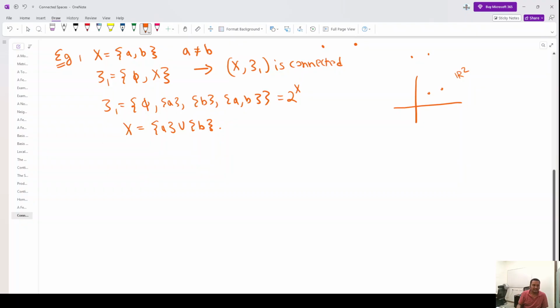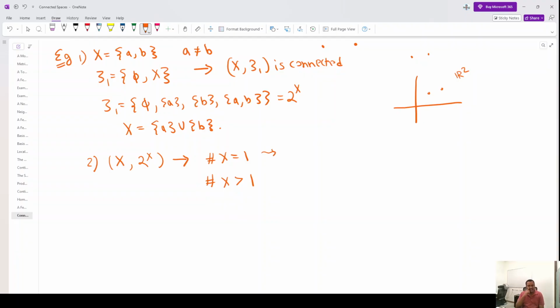So this is one. Number two. You have X with discrete topology. Is it connected? You've seen an example. It is disconnected. But can it be connected? Think about it. Okay, let me think about these cases: if the cardinality is 1, and if the cardinality is bigger than 1.